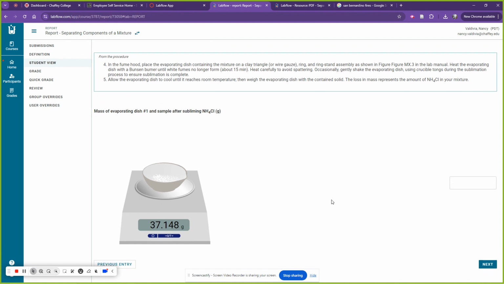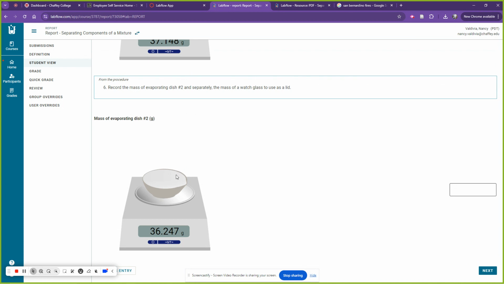All right, mass of evaporating dish number 1 and sample after subliming the NH4Cl. So that means that at some point we heated this, right? And our solid started turning into a gas, so we had some stuff escape. And now we have just slightly less, as you can see in the numbers. All right.